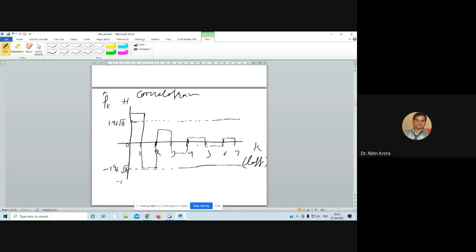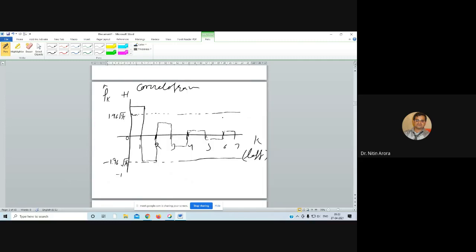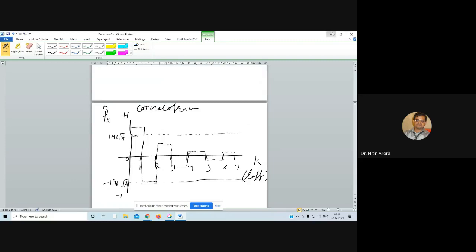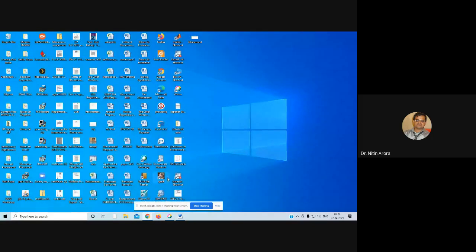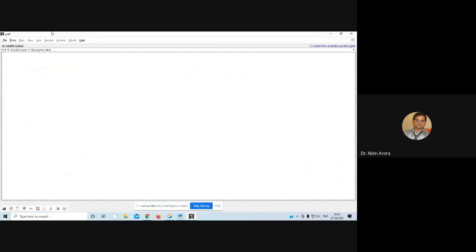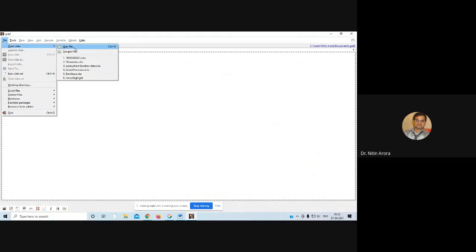This is called the Correlogram that we have constructed manually. Now let us construct this autocorrelation function and Correlogram with the help of Gretl. So I will be opening Gretl. Let us open the same data file that we had opened yesterday. Go to File, Open Data.